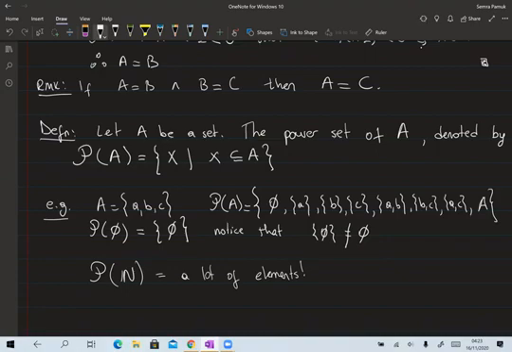If you have finitely many elements in your set, whatever the number of elements, it is fine. But when you have infinitely many elements, then again they have cardinality, right? So there are different types of infinity.